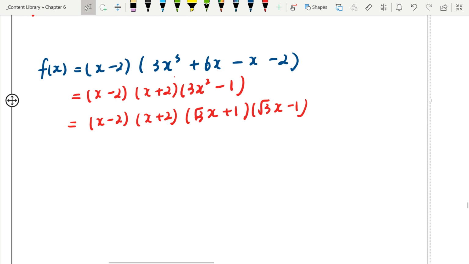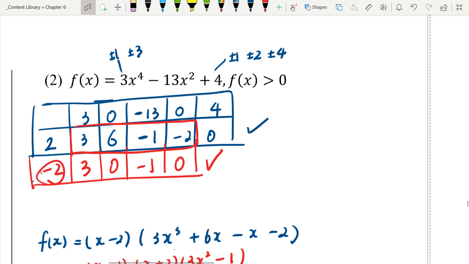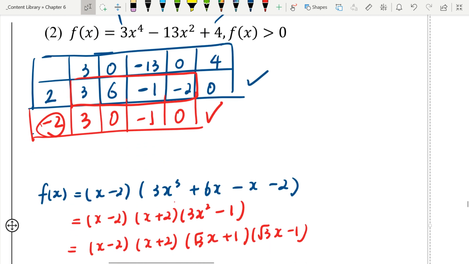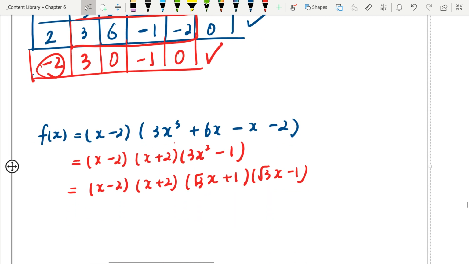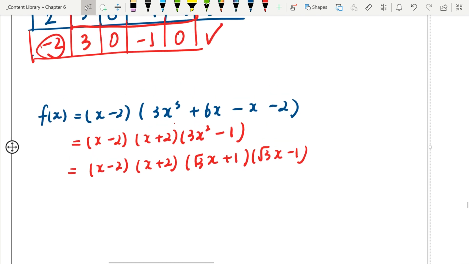If you finish factorizing that, you have 4 factors, and I want to solve f(x) greater than 0. What do you need to do if I want to solve f(x) greater than 0? Everything I have taught you in this booklet, you will be on your test.